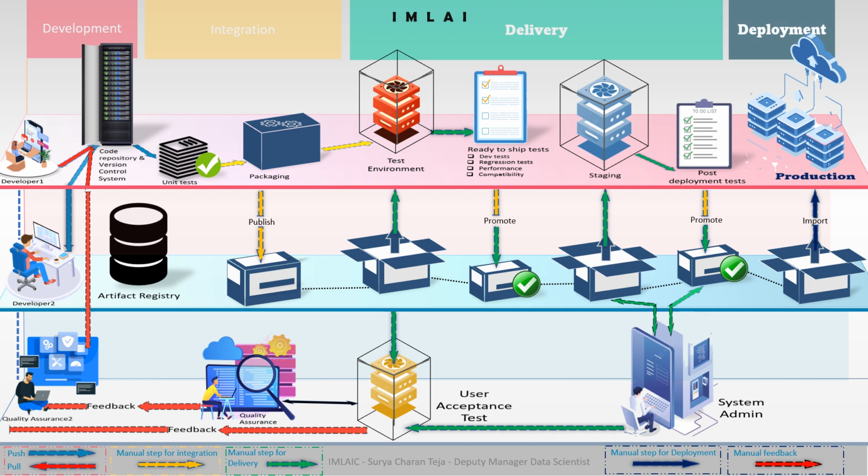Hence this can be used by the external world. So a production server is nothing but exposing our application, our healthy application, to the external world. So with this, we have finished with development, integration, delivery, and deployment.